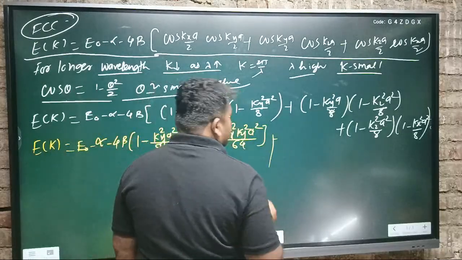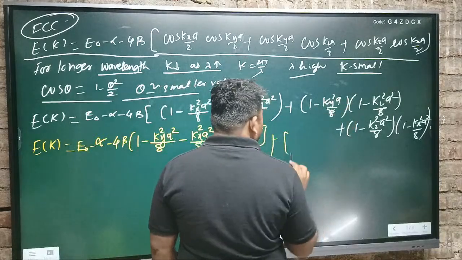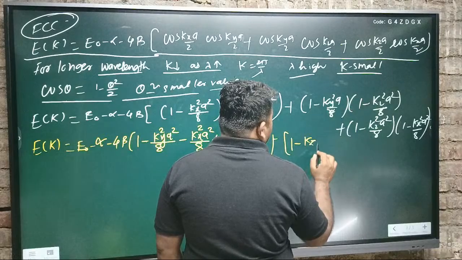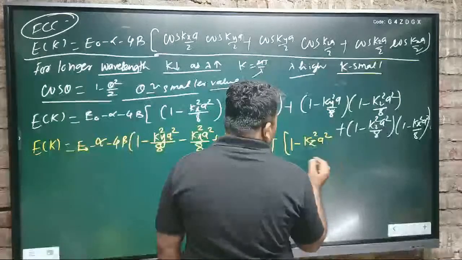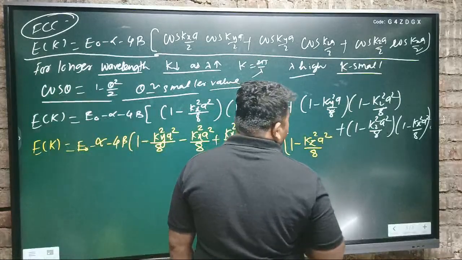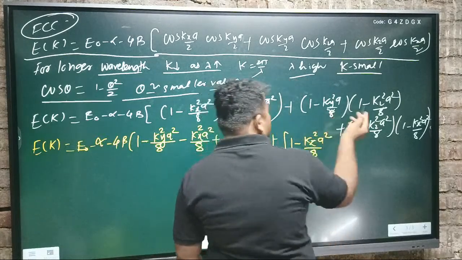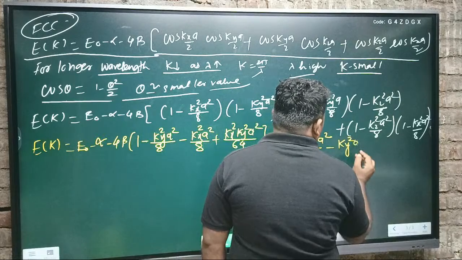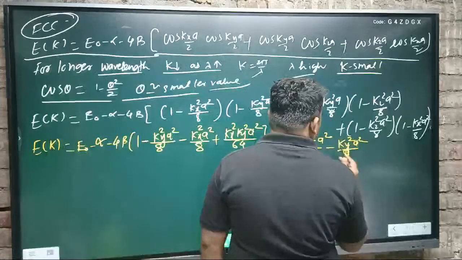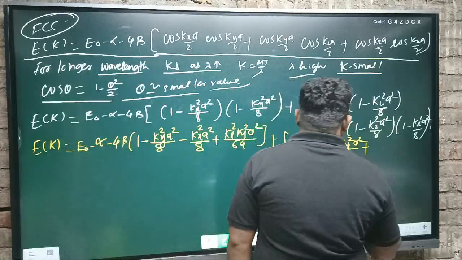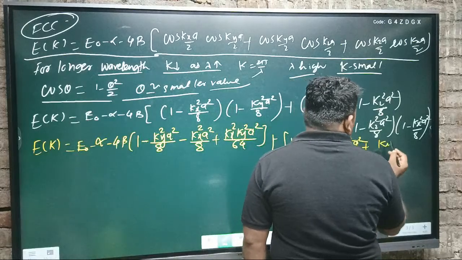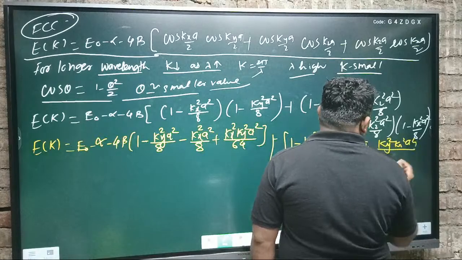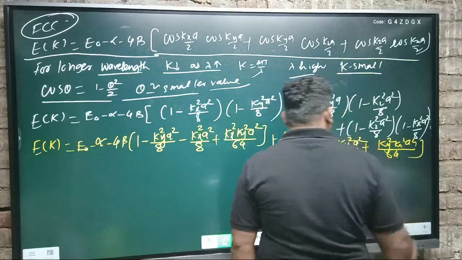Next part: 1 into 1 into minus kz square a square upon 8, next minus ky square a square upon 8, plus ky square kz square a to the power 4 upon 64. Okay, this part is over.